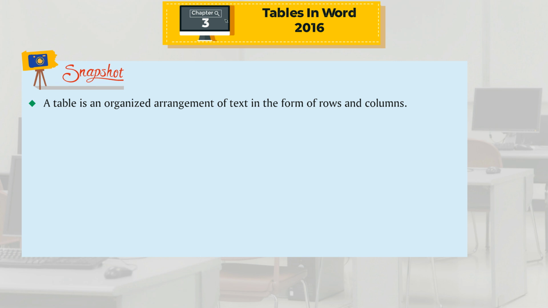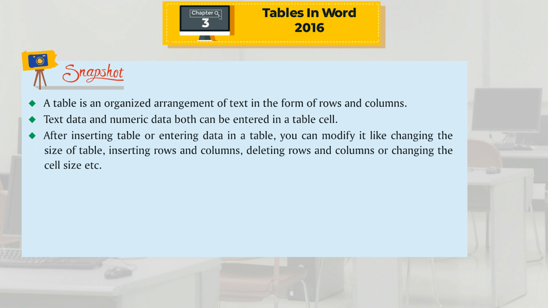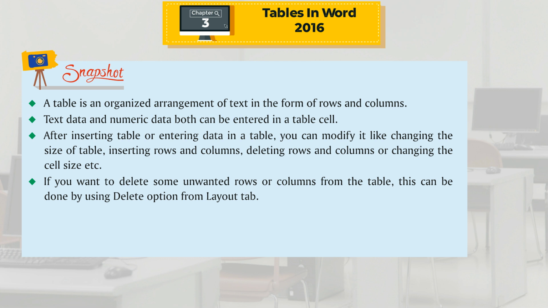Snapshot. A table is an organized arrangement of text in the form of rows and columns. Text data and numeric data both can be entered in a table cell. After inserting table or entering data in a table, you can modify it like changing the size of table, inserting rows and columns, deleting rows and columns, or changing the cell size, etc. If you want to delete some unwanted rows or columns from the table, this can be done by using Delete option from Layout tab.